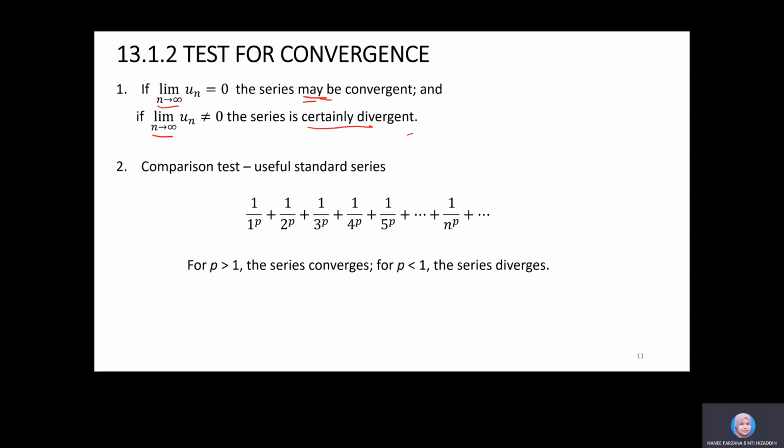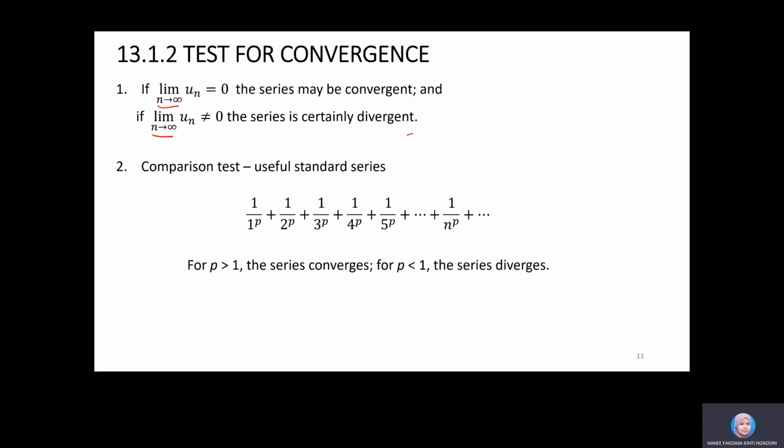It doesn't say certainly convergent, it only says there's a good chance that the series may be convergent if your limit is equal to 0. However, if the limit is not equal to 0, then you can be certain that the series is divergent.